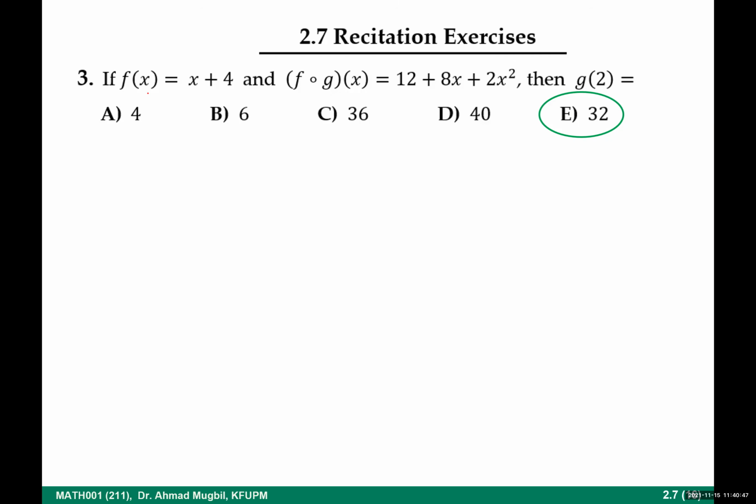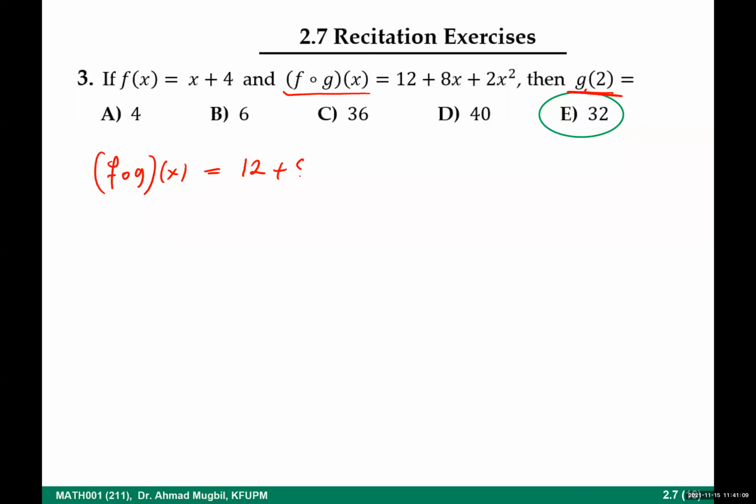You have f. You have f composed with g, and you want g. So you have f and the composition, and you need to find g. This is the idea. So what will you do? You will ask yourself, what is f composed with g? It is given here.